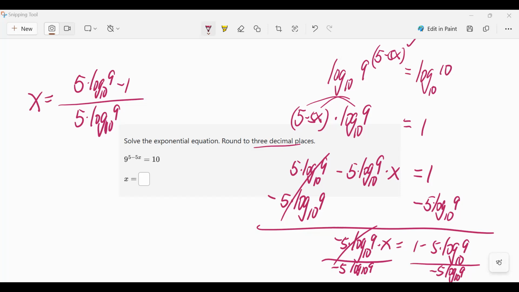Denominator is going to be log 10 of 9. So go back to function, log 10 of 9, close parentheses. And that would be the answer, right? 3.952. That's going to be the answer for this question. So the approximate answer is 3.952.